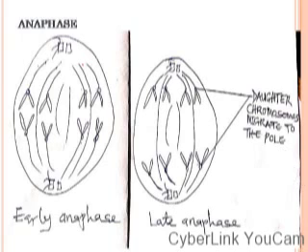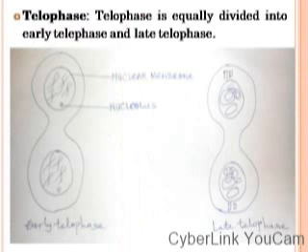Let us look at the last stage or last phase of the mitotic cell division, which is the telophase stage. Telophase stage has early and late stages. At early telophase, these processes have taken place.